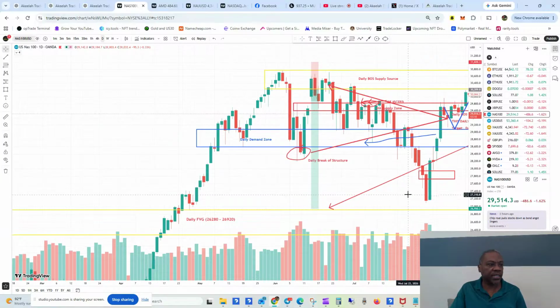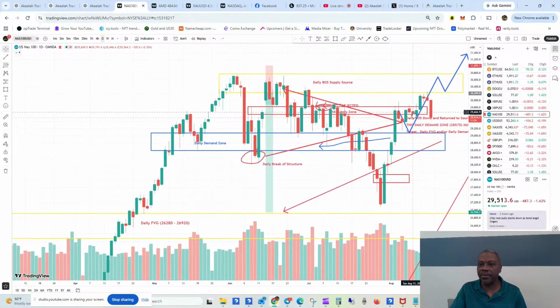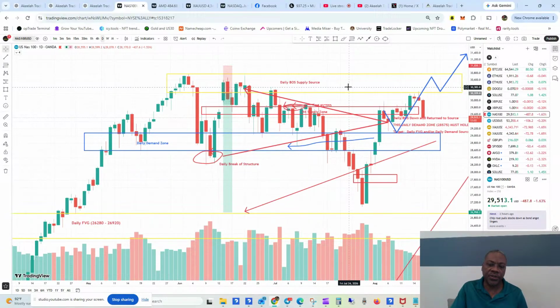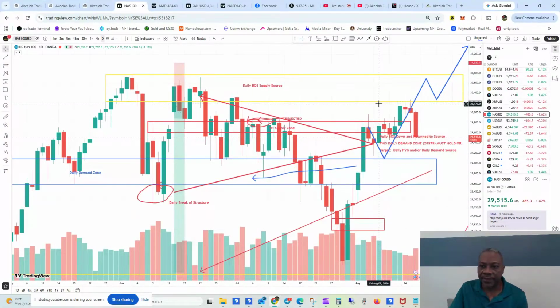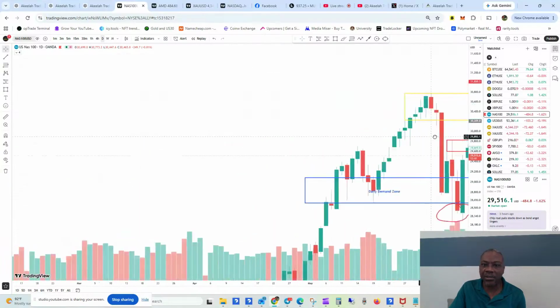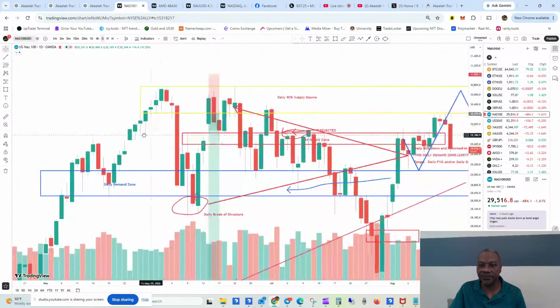And now what we've seen in the last couple of days or so is that the market has pushed back up once again, fighting to get back to this resistance area. But if you'll notice what's happened between yesterday and today is that the Nasdaq pushed back up to there, but as soon as it got to this supply source. So again, we were able to see this source back here ever since June 10th. This yellow box here has told me that this is a high resistance area.